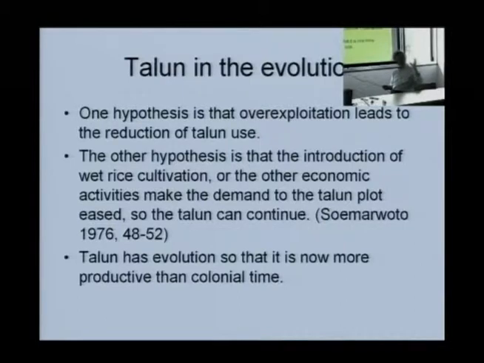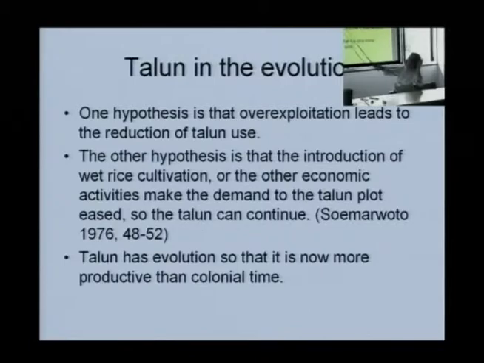But anyway, in old days, of course, swidden agriculture was practiced in many parts of Southeast Asia. Now the percentage of the land used for swidden agriculture has decreased quite clearly, in West Java and in other parts of Indonesia. But now Tarun is even now practiced in West Java. Why? That is the discussion.